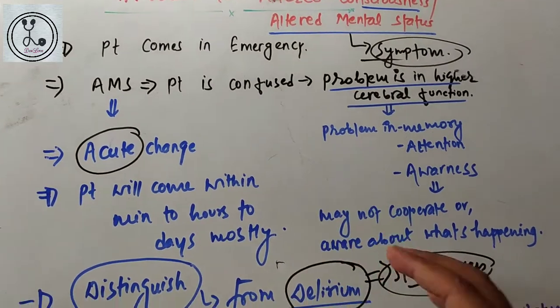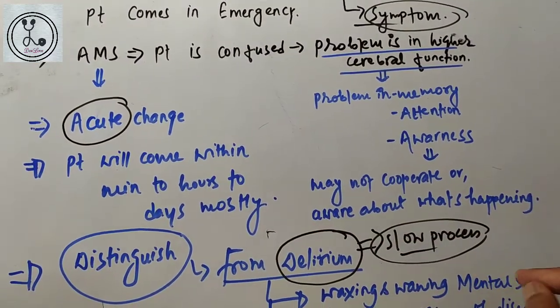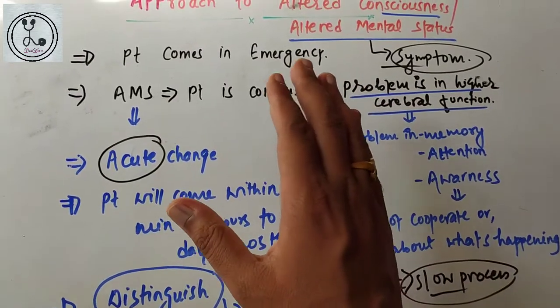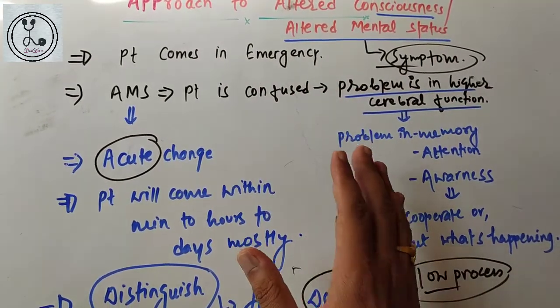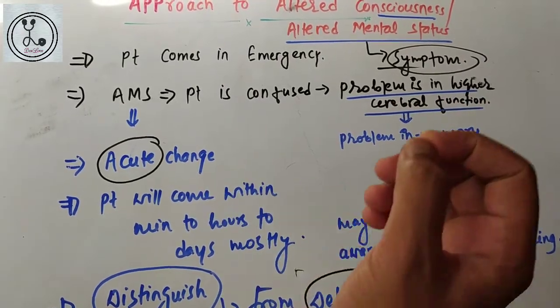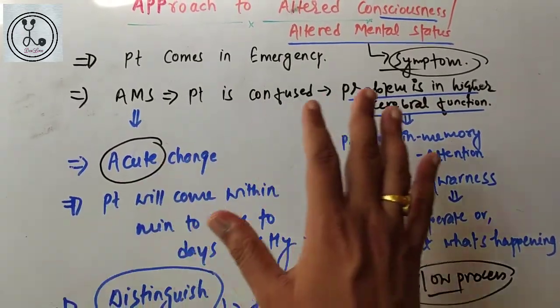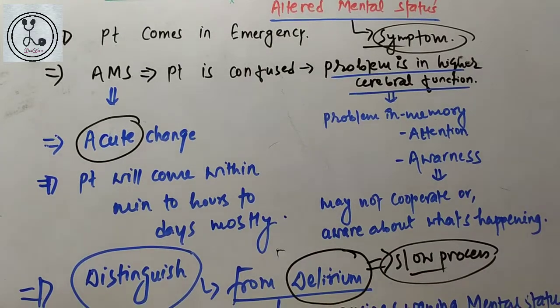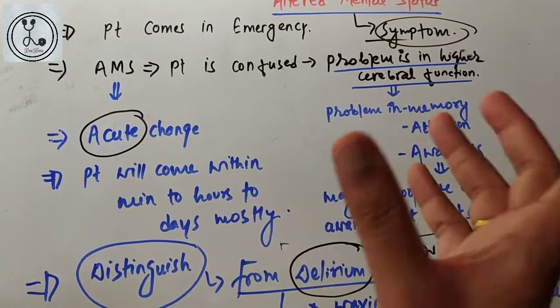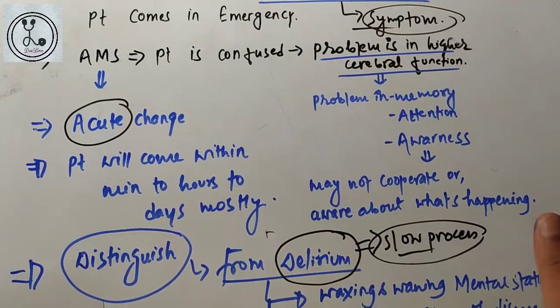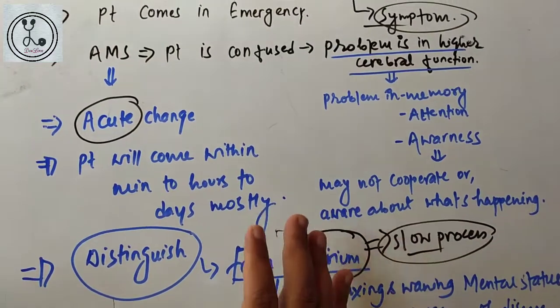In delirium there is waxing and waning, but in altered mental status there is no waxing and waning. The person will have the problem, and unless you treat it, the problem will not go away. But in delirium there will be some good days when the problem is gone, and then again the problem will come, and the process is very slow.